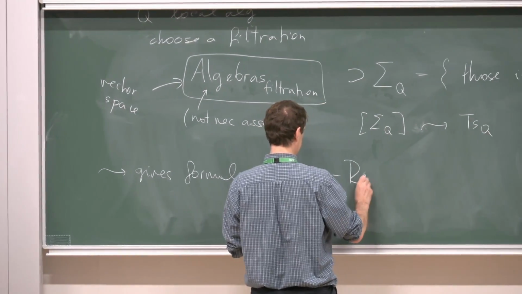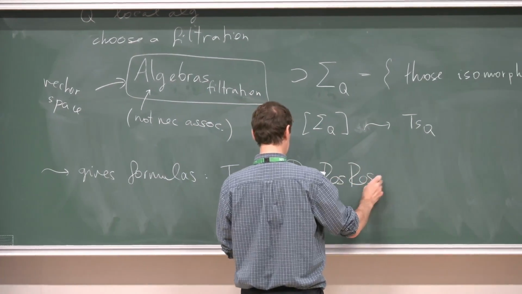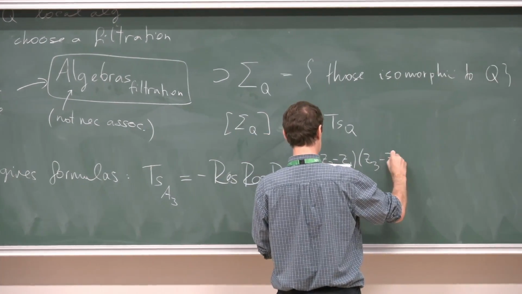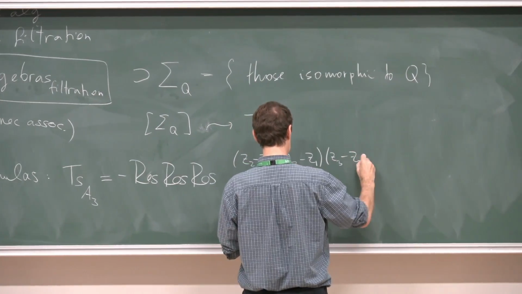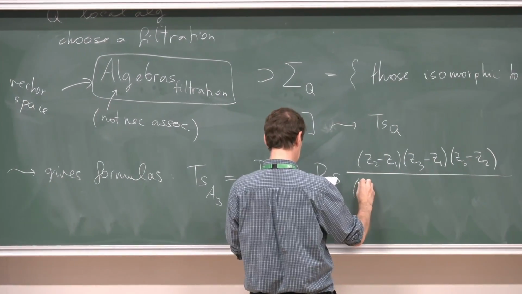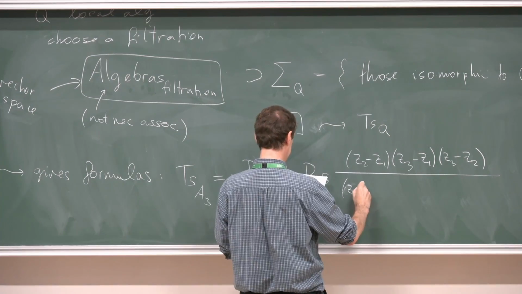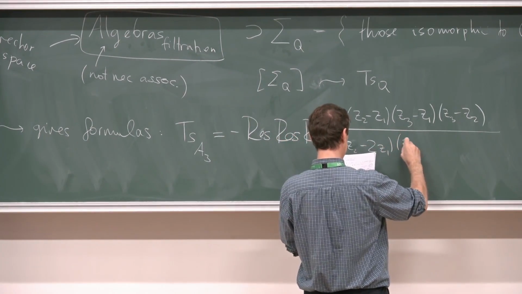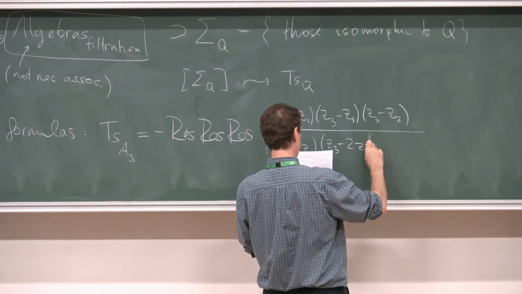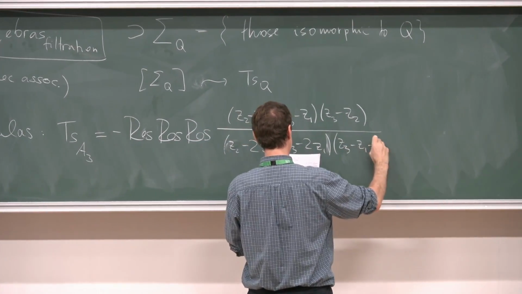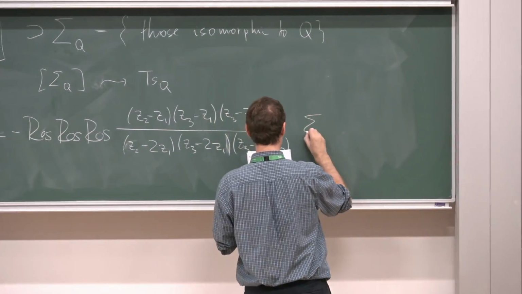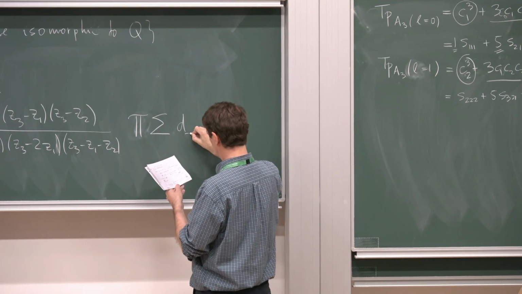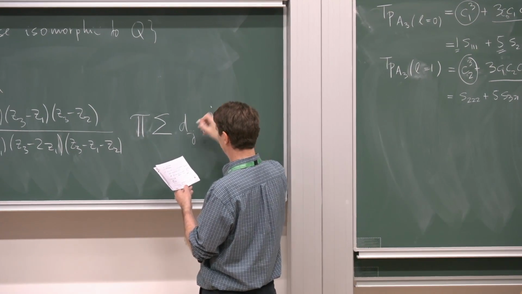Negative residue of Z2 minus Z1, Z3 minus Z1, Z3 minus Z2, Z2 (oh, we are in England) Z2 minus 2Z1, Z3 minus 2Z1, Z3 minus Z1 minus Z2, times D negative J Zi to the jth.